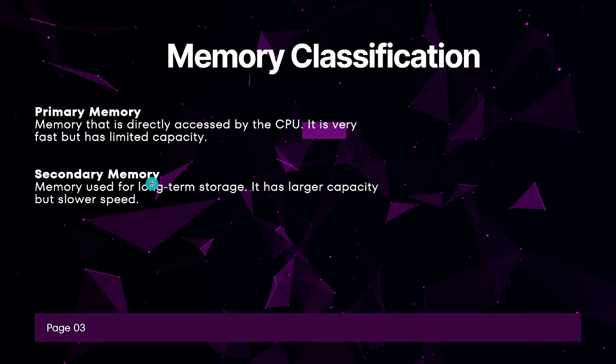But the secondary memory, on the other hand, is used to store data for a long time. So it has a very large capacity, but the negative thing about it is that it's slower than the primary memory. So here we have faster memory with limited space, and here we have slower memory for long-term storage.